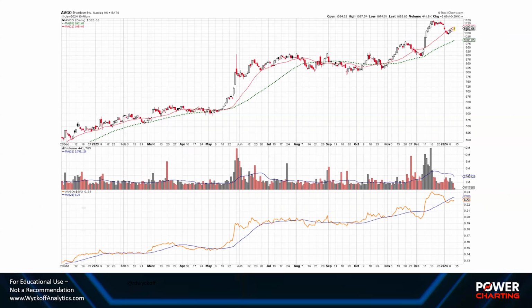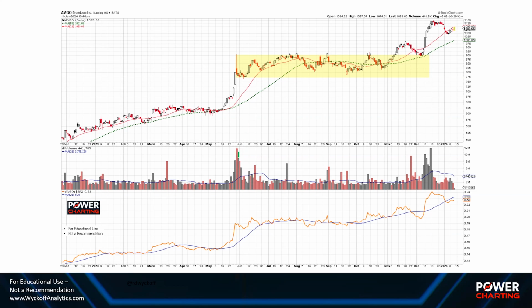And this is AVGO, and you can see here that this is the reaccumulation zone for this stock. This is June to December. And here is a very important stopping action. Remember how a very wide bar on very high volume tends to stop the advance. Look, the close is in the bottom third of the range of the bar.